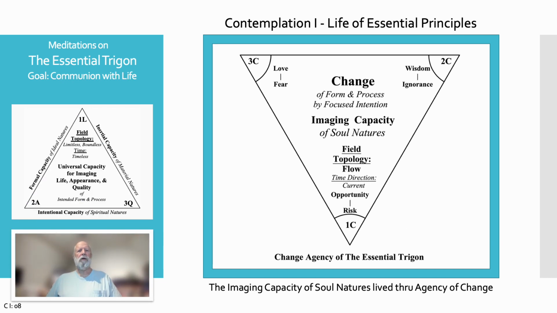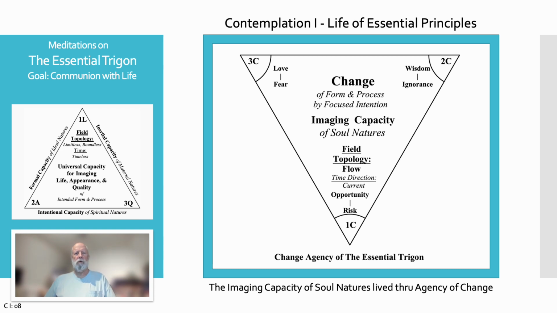This imaging capacity for change, designated by C, when existentially active, focuses on the intentional, inertial, and formal capacities of the field and their three related natures, as spiritual life, material appearance, and ideal quality in determining what is objective in nature.